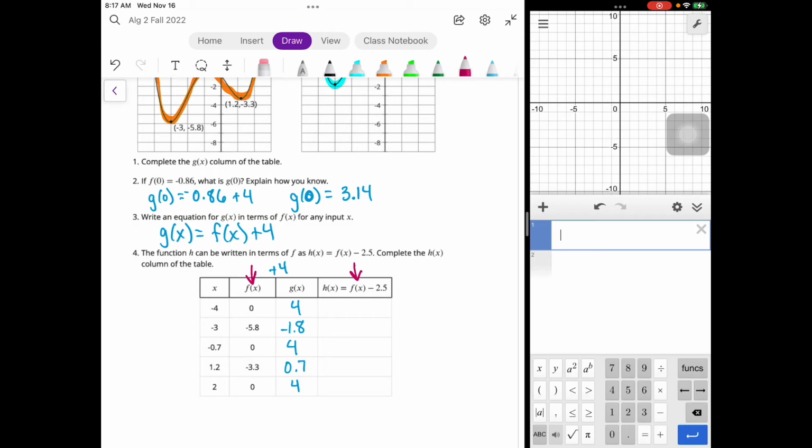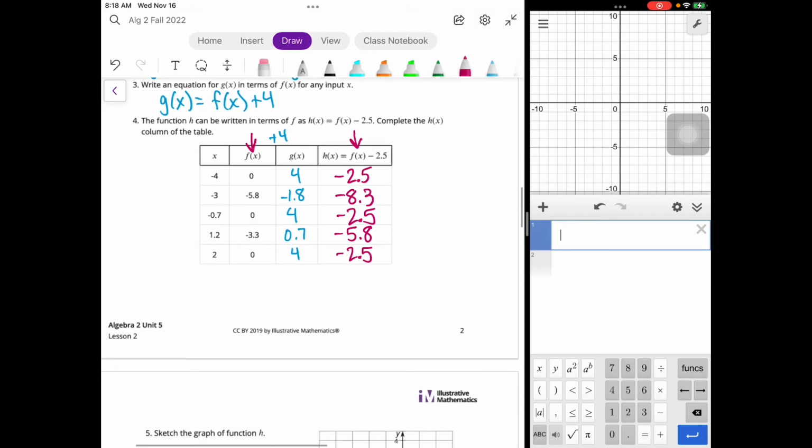So 0 minus 2.5 is negative 2.5. Negative 5.8 minus 2.5 is negative 8.3. And then this one's going to be negative 2.5 again. Negative 3.3 minus 2.5 is going to be negative 5.8. And then negative 2.5 again.